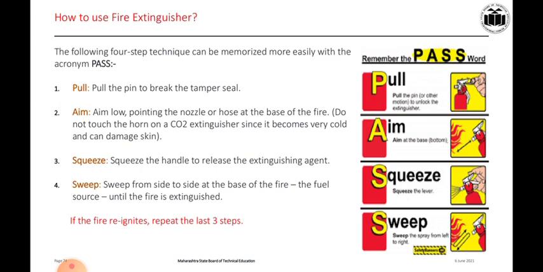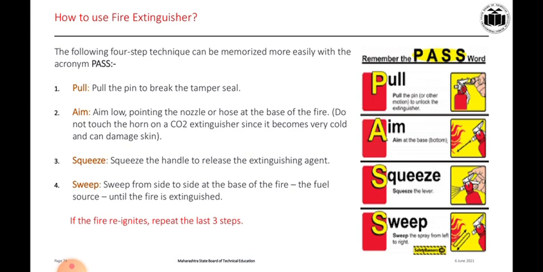Means whatever extinguishing agent is inside that cylinder will be released when we squeeze that handle. Until and unless we squeeze that handle, whatever content is present in that fire extinguisher will not be released.